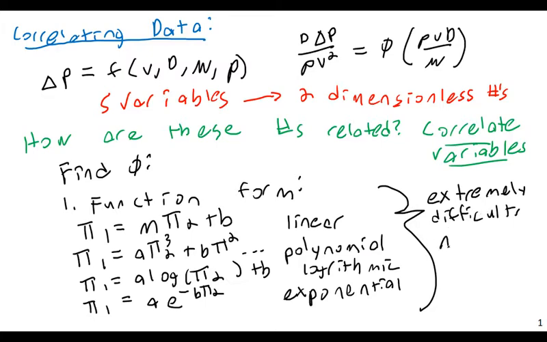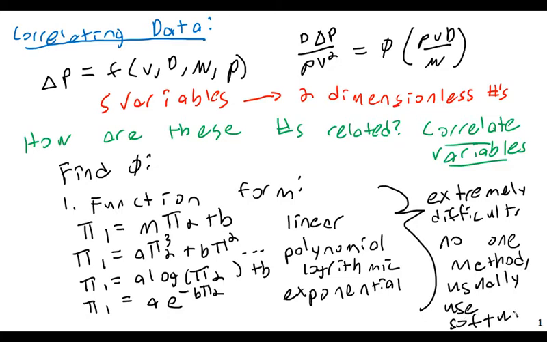There is no one way; we usually use software, so Excel or MATLAB or some other data analysis package, in order to find the form. So the first step is just to find the family, the function form. And you would do this using software, although sometimes you might actually use your judgment.